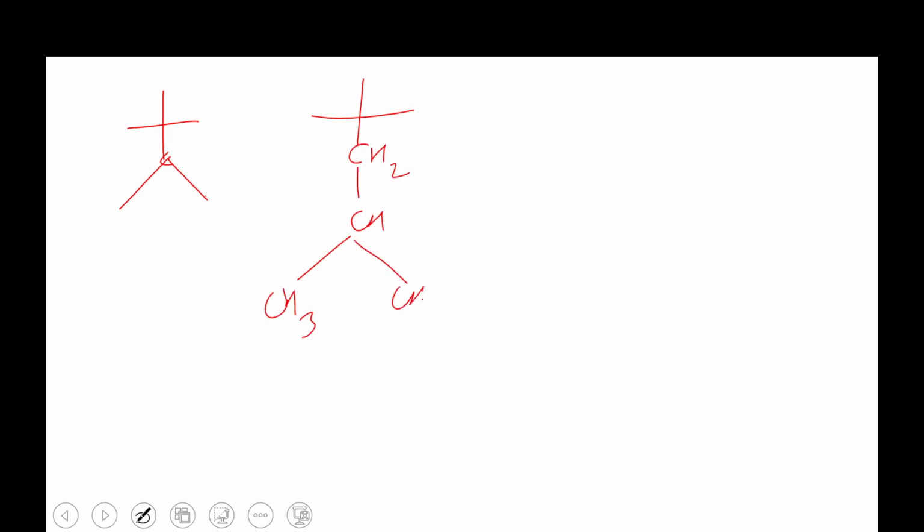And then we have isoleucine, whose structure is something like this. This is where my alpha carbon is, and then I have another carbon.